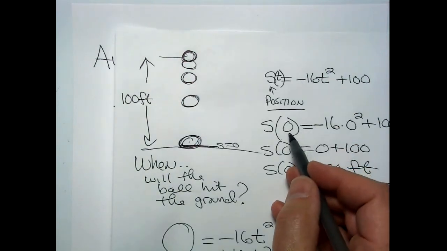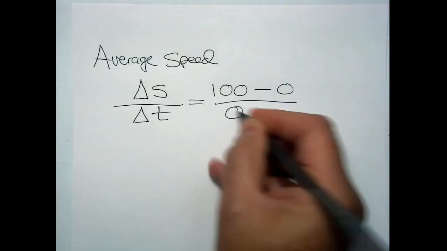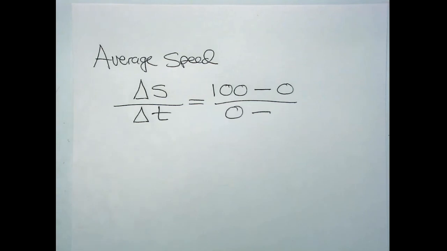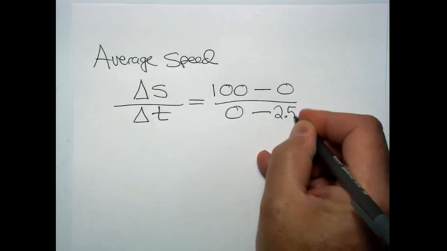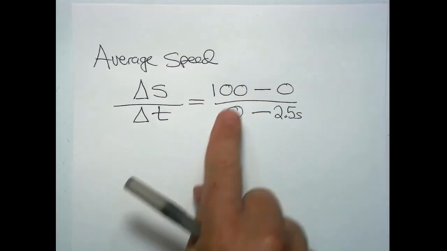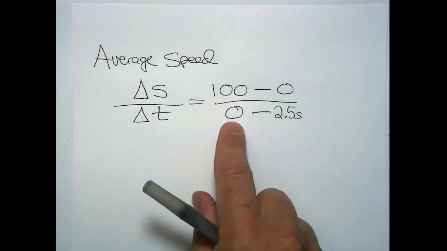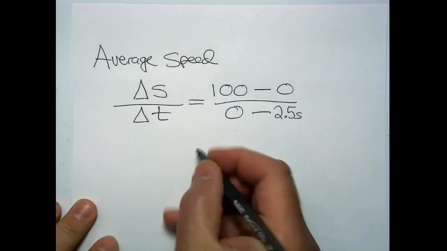Well, the time's 0. I haven't started the stopwatch yet, so time is 0. That's the beginning time. The ending time. When does the ball hit the ground? That takes 2.5 seconds, so my ending time is 2.5 seconds. We really have to be careful about the order that we do this in. So at 100 feet, time equals 0. At 0 feet, time equals 2.5 seconds. So what do we get here?